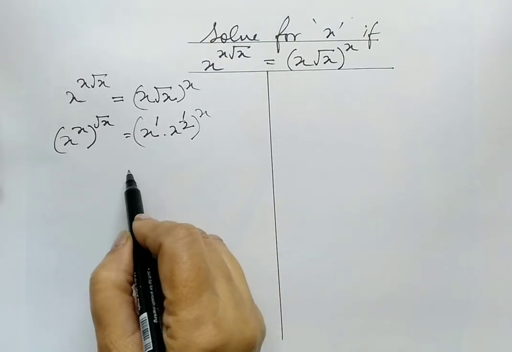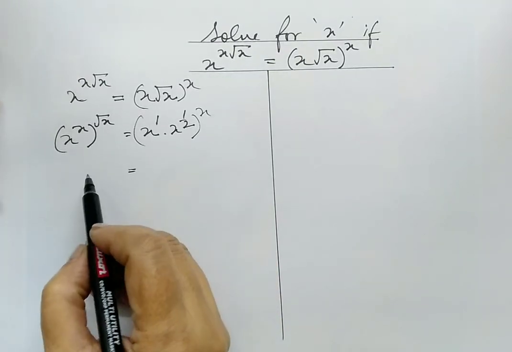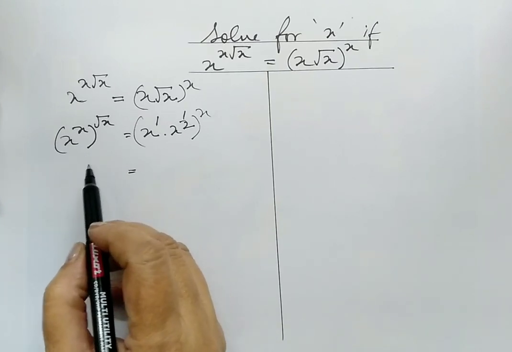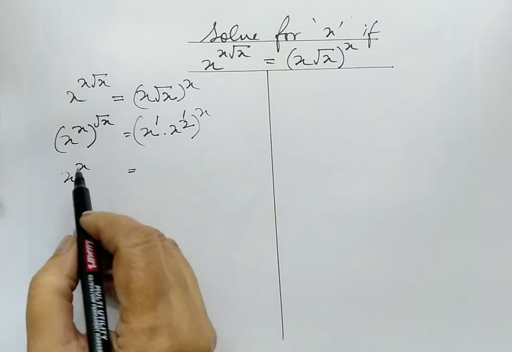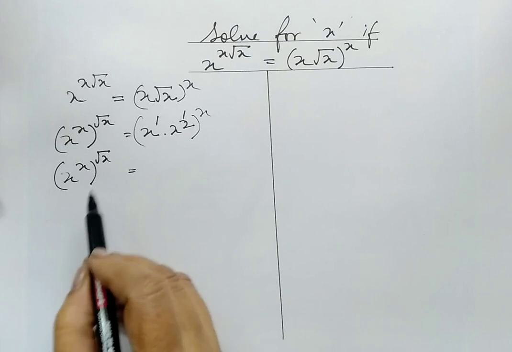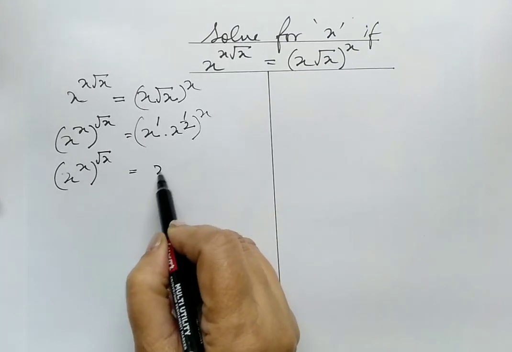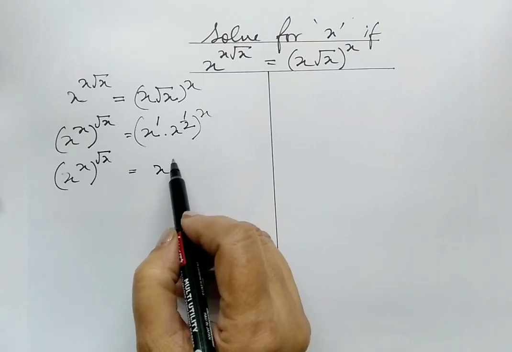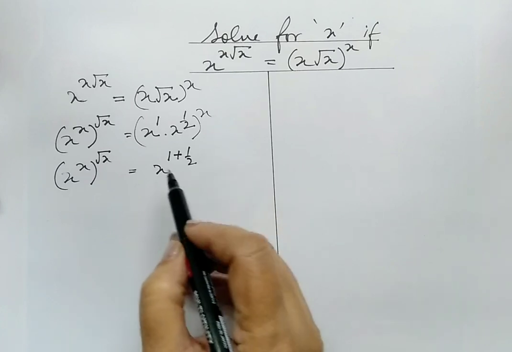Now what next? Tell me. Let's keep this the way it is. x to the power of x and outside a double power, that is square root of x. Here, as per the exponent rules, we can always add up the powers inside.